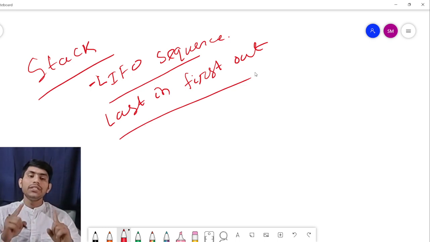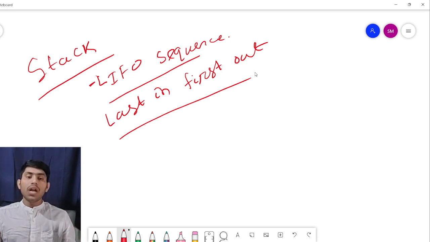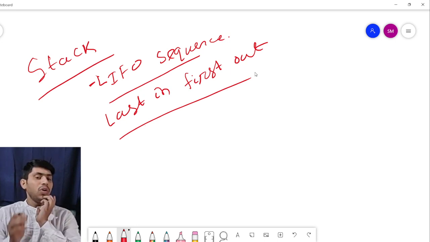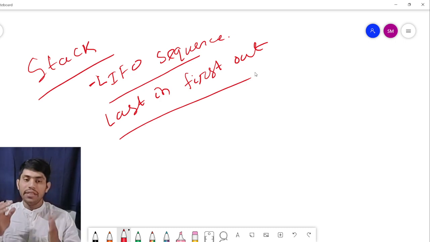That is the sequence of the stack. It is a dynamic linear data structure. Dynamic means when we need more data to enter, we can increase the size. When there is a smaller amount of data to enter, we can decrease the size. So according to our requirement, we can increase and decrease the size. That's why the stack is called a linear dynamic data structure. So it follows the LIFO sequence, last in, first out. I think it is clear to everyone.